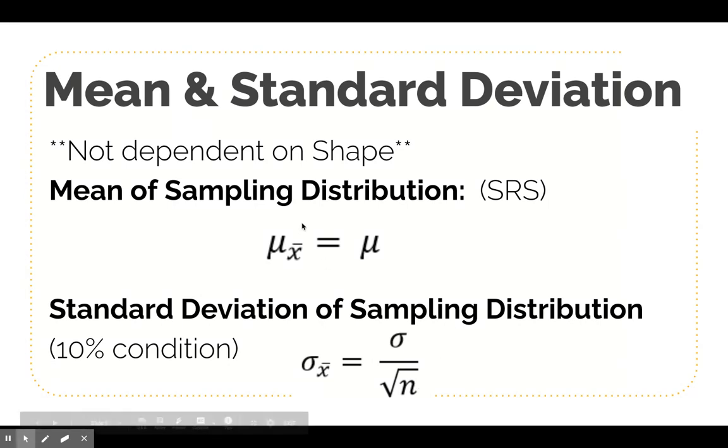Remember, for proportions, the estimator of p was p hat, and we had the formula for the standard deviation, which was p times 1 minus p over n, and taking the root of that. Well, here's our formula for the standard deviation when we're looking at means and not proportions. It's the standard deviation divided by the square root of n. So just knowing when to use which formula. You'll have to use this when you're dealing with means, the other formula, of course, when you're dealing with proportions.